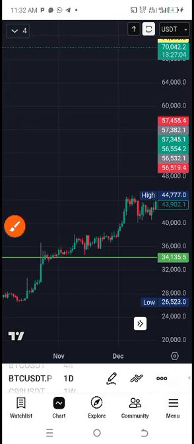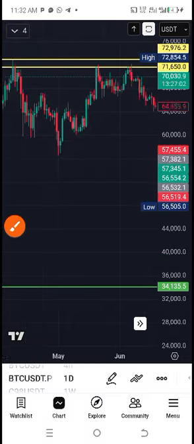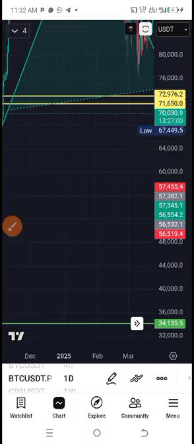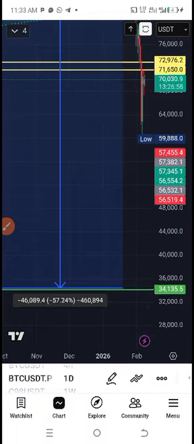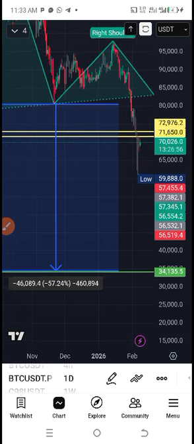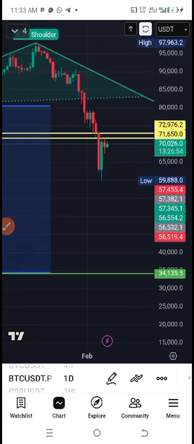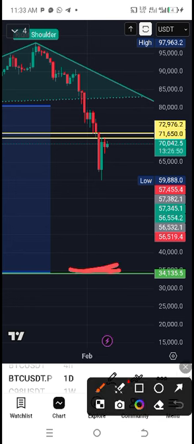Looking at the measurement, in the worst scenario, BTC is likely coming back to this zone here. BTC will likely come back to this zone.